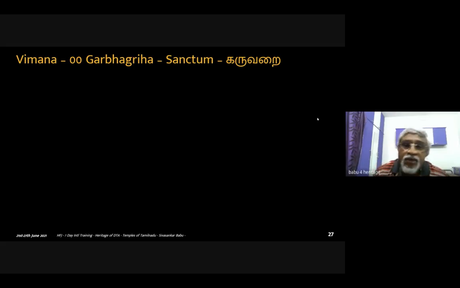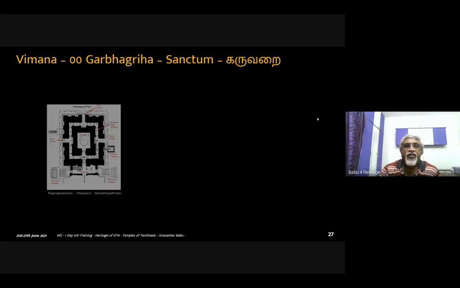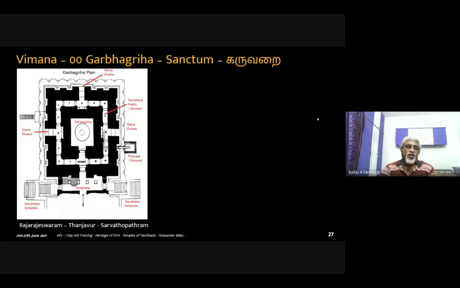This sanctum has a number of components in a normal temple, and it may have all the components or some of the components. So this is the ground plan of Rajarajeshwaram temple, which is the original name of the Tanjavur temple, which is a Sarvadopatram class of Vimana.